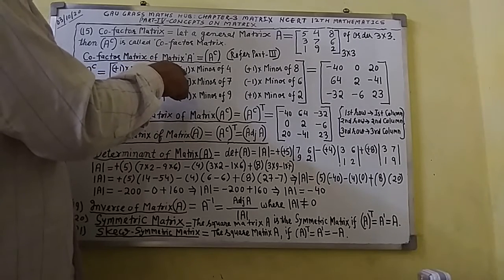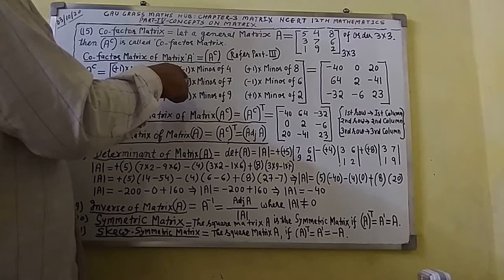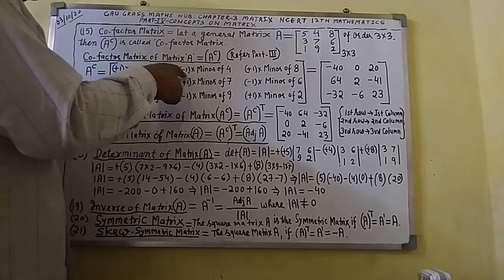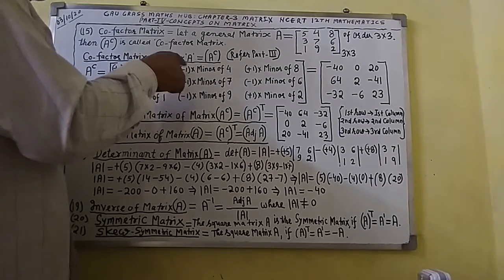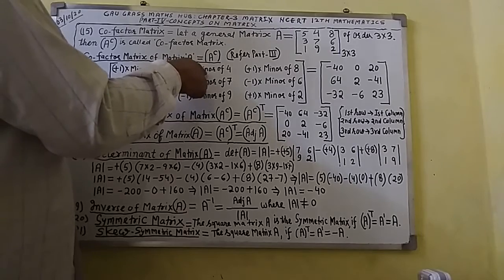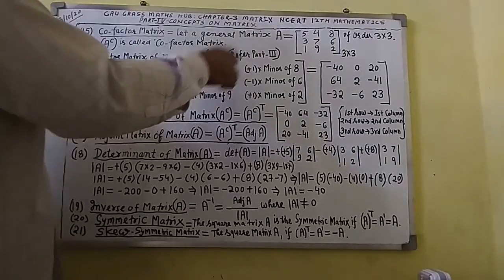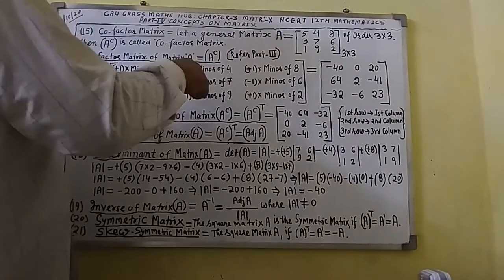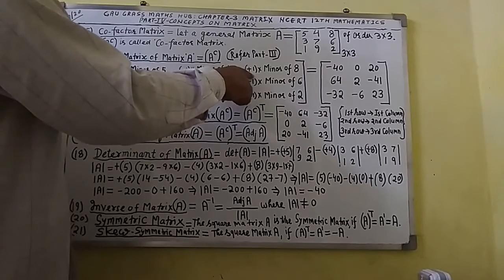Here you can see minus 1. Minus 1 will be written here, that is a constant. Here minus 1 is a constant, will always be there, into minor of element 4. This is 4. Here plus 1.